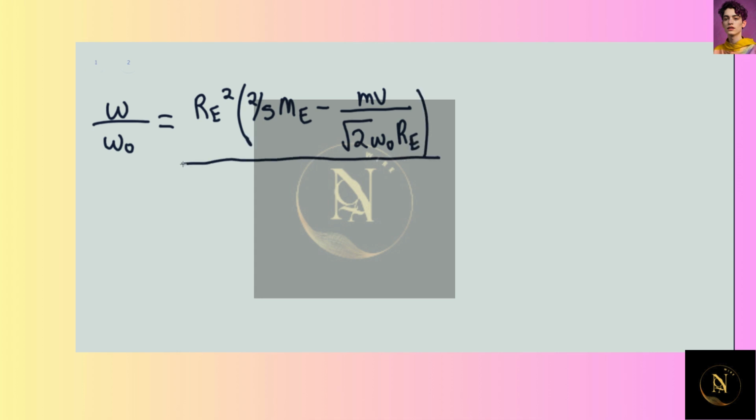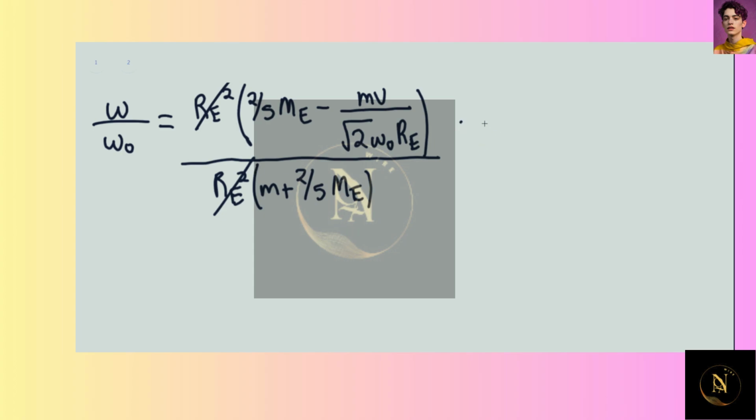And then this entire term would be divided by the radius of the Earth squared multiplied by m plus 2/5 times the mass of the Earth. Of course, the radius of the Earth squared term is going to cancel out for both the numerator and the denominator.